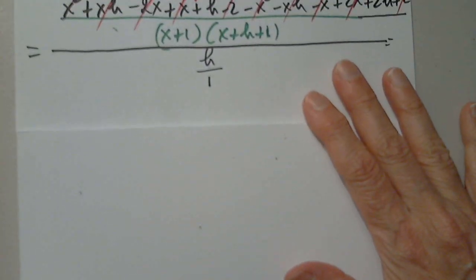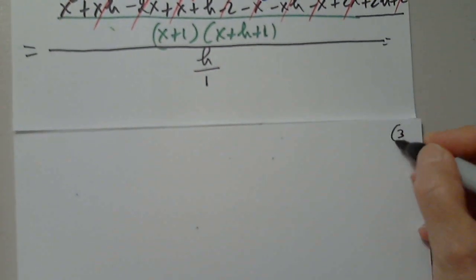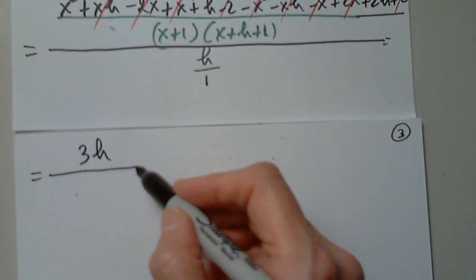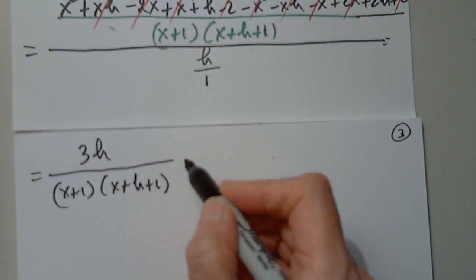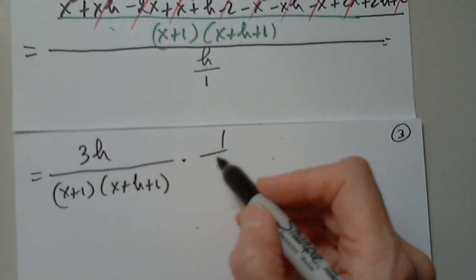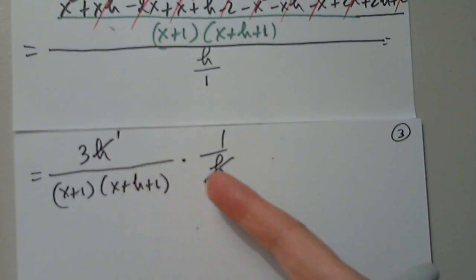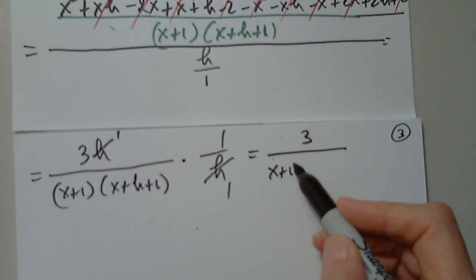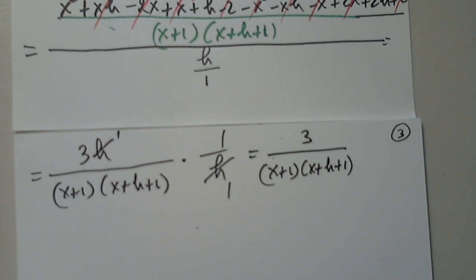So I know that all terms without h disappeared. So I have 3h over x plus 1 times x plus h plus 1. And now I flip times 1 over h. The second step happens. And always write 1, so you know it's not 0. So 3 over x plus 1, x plus h plus 1. Any questions on this?